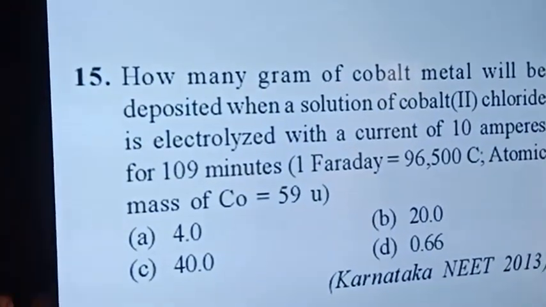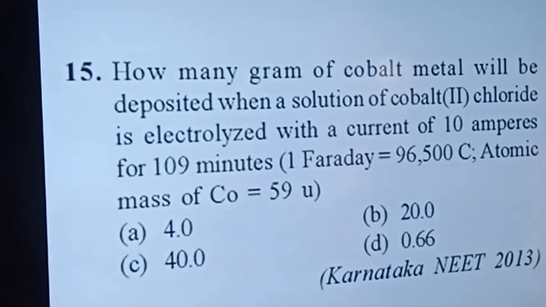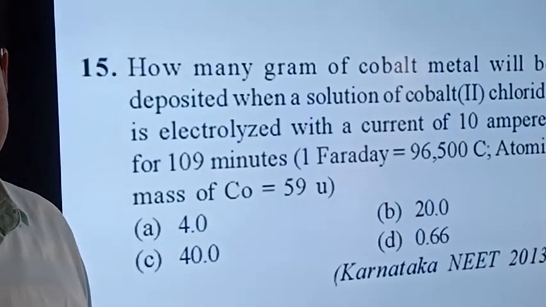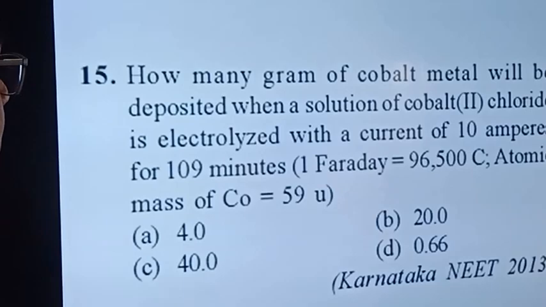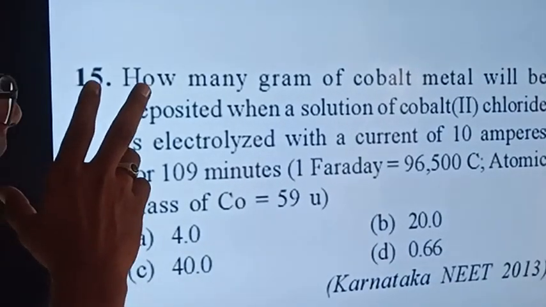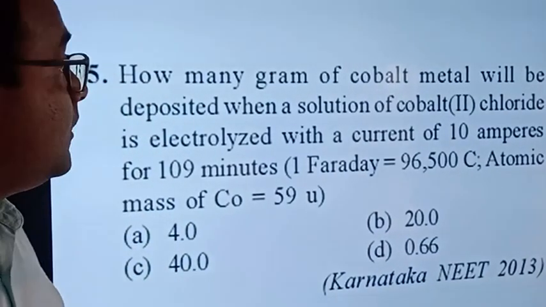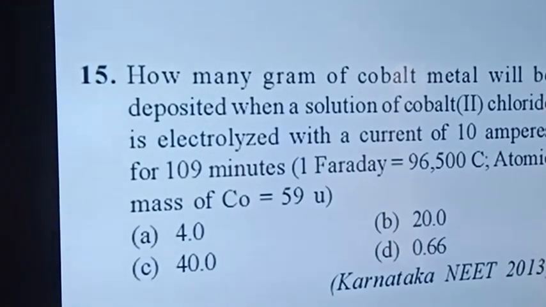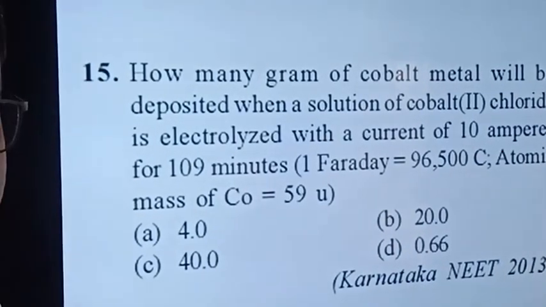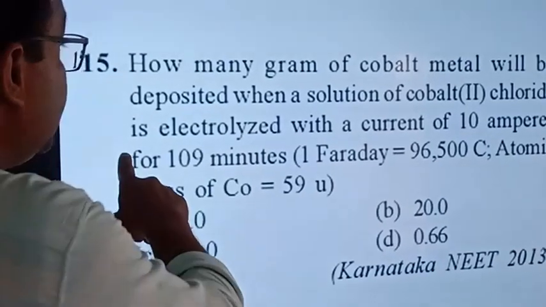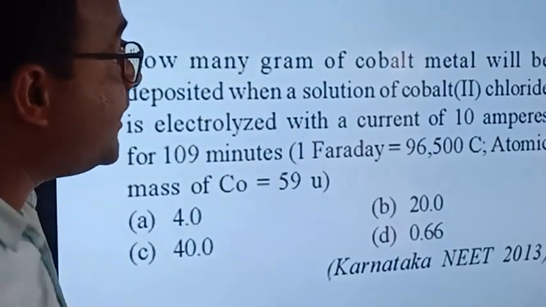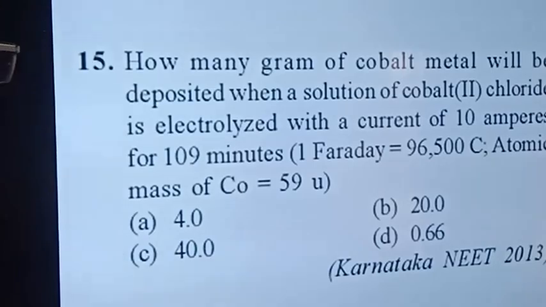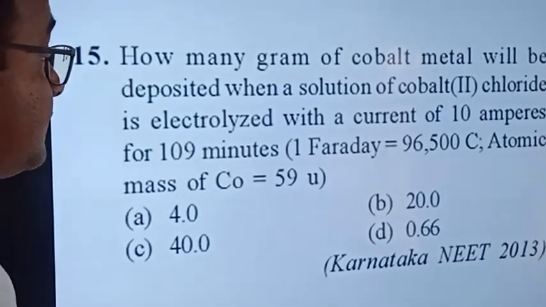Well, question number 15. Once again, the question is based on Faraday's law. How many grams of cobalt metal will be deposited when a solution of cobalt 2 chloride, where the charge of cobalt is 2 plus, is electrolyzed with a current of 10 amperes for 109 minutes?